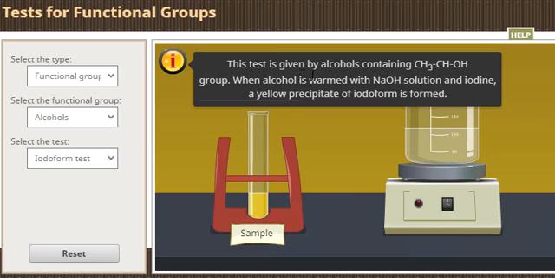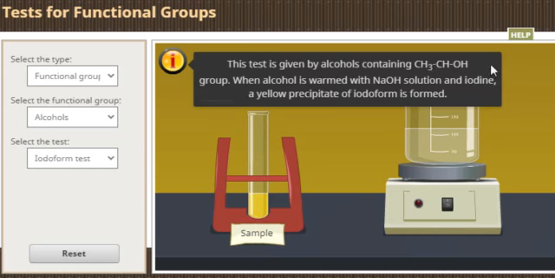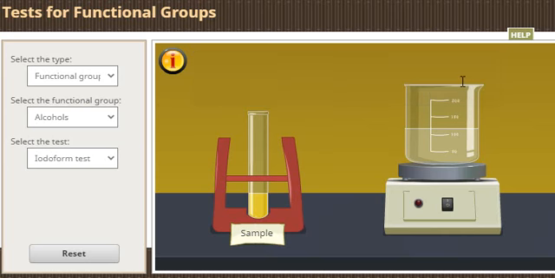Actually this test is given by alcohol containing CH3CH2OH, that is ethanol. We are talking about the ethanol group.